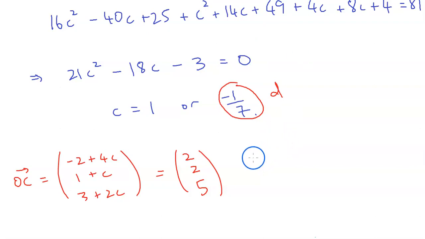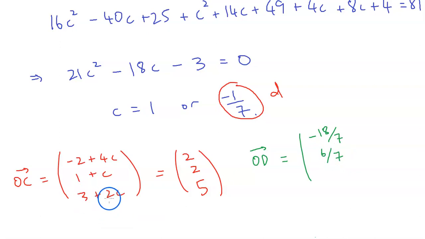Alright, let's do the D one now. So OD, this time we're putting in c = -1/7. It'll be -2 minus 4/7, so that would be -18/7. Then we have 1 minus 1/7, that one's easy, it is 6/7.